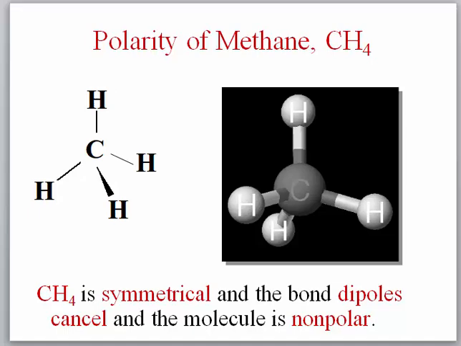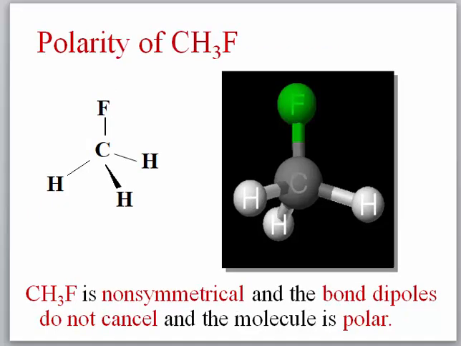So CH4 is a symmetrical molecule. The dipoles cancel and the molecule is nonpolar. CH3F, because you have a different electronegativity in this part of the molecule, you have partial negative and partial positive charges here. You have a non-symmetrical structure where the bond dipoles do not cancel, so the molecule is polar.